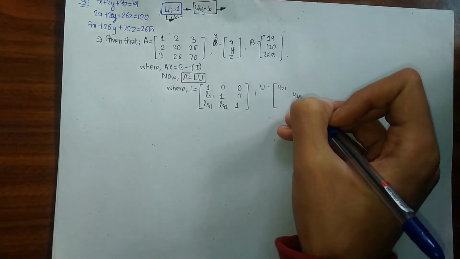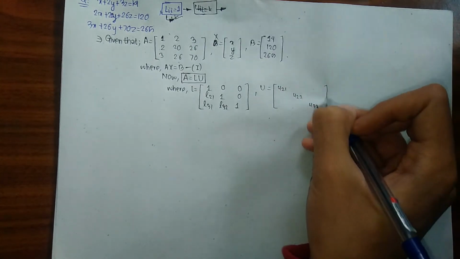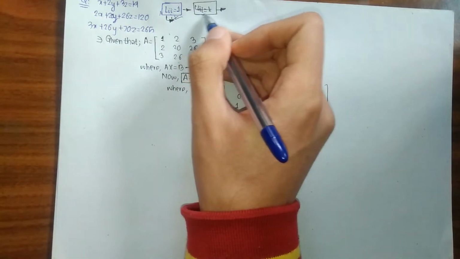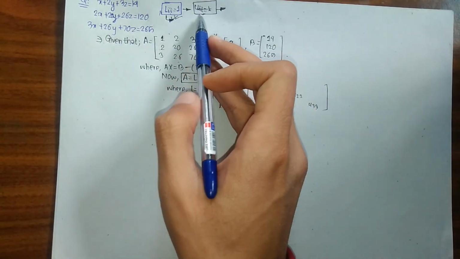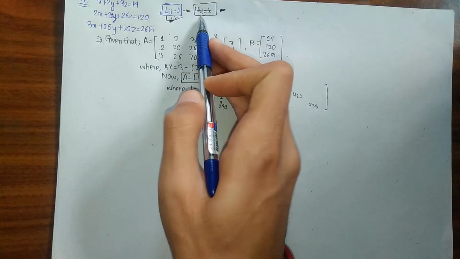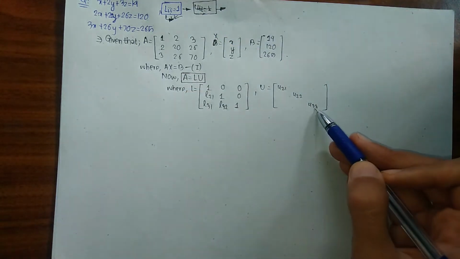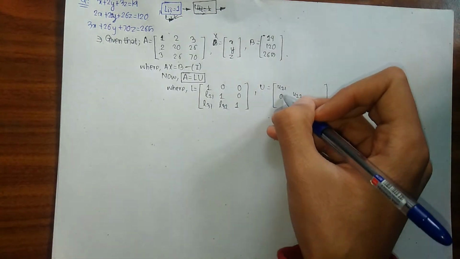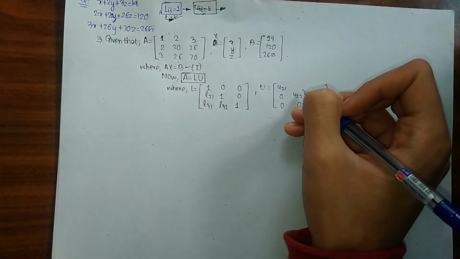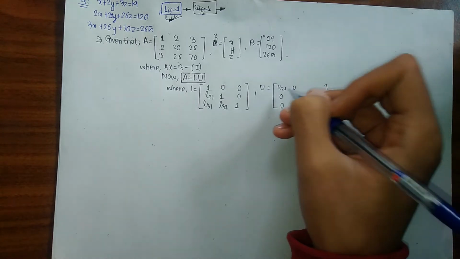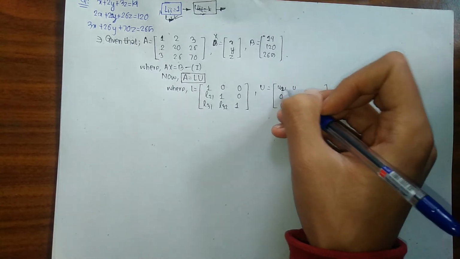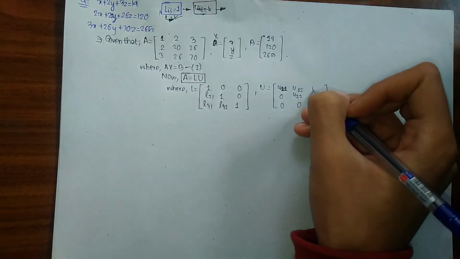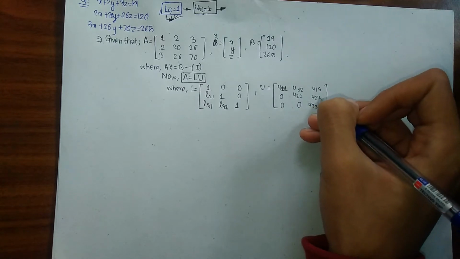Right now we haven't been given the condition Uii equals 1. If we were given the condition Uii equals 1, we would simply write 1 1 1 over here. Now all the elements below the main diagonal are 0, and this is equal to U11, U12, U13, U22, U23, U33.